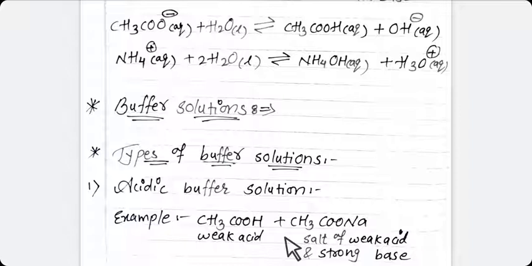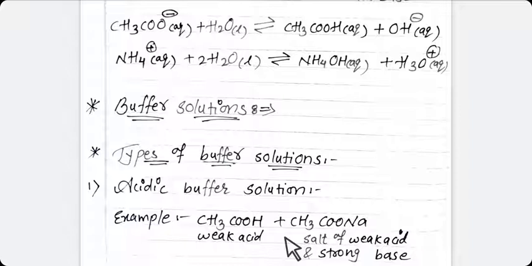So an acidic buffer solution is made by using a weak acid and a salt, the salt made by a weak acid and a strong base.